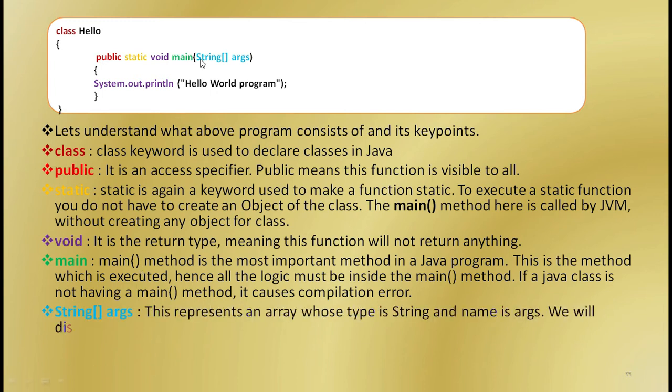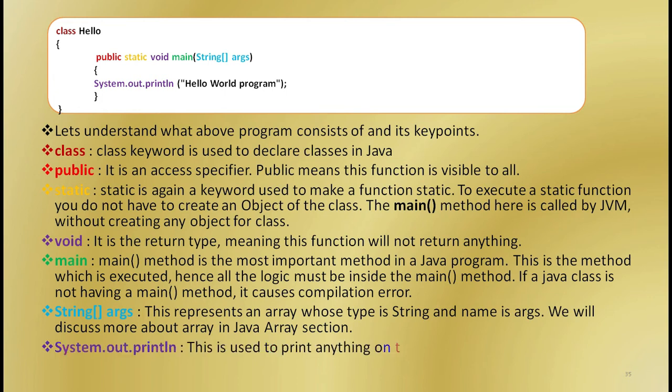String args represents an array whose type is String and name is args. We will discuss more about arrays in the Java array section. System.out.println is a function to print anything on the console, like printf in C language.